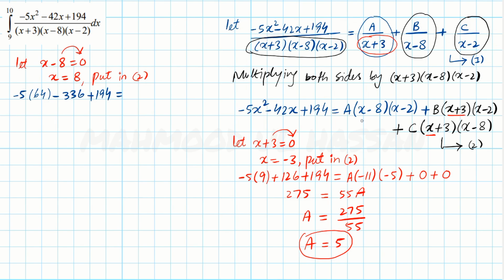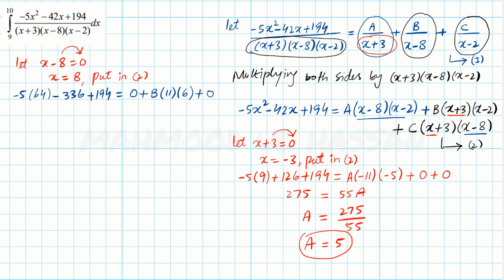When we put it in the first term here, this x - 8, that is 8 - 8, so this factor will be 0, so the whole term will be 0. Okay, so the first term would be 0, plus the second term, that is B times (x + 3), that means 8 + 3, so that would become 11 here, and 8 - 2, that is 6, and then plus the third term here, that would be again 0, because when we put 8 here, 8 - 8 is 0.